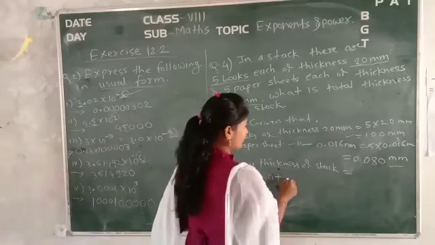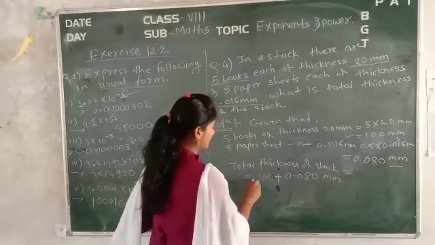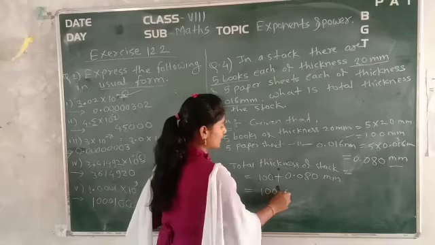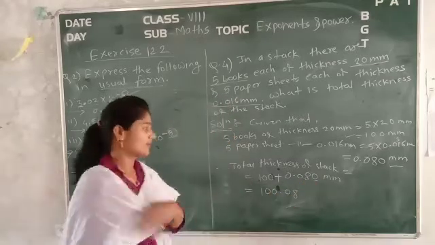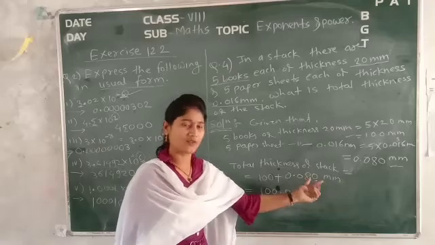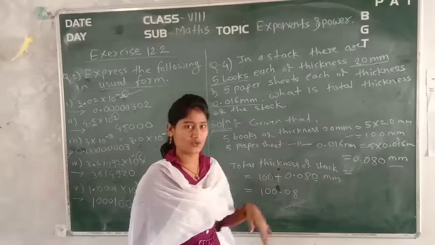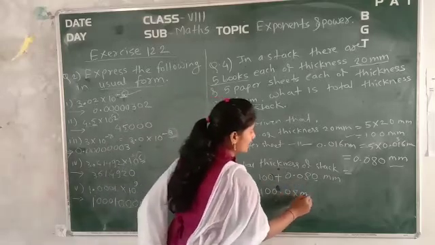Okay, so 0.080 millimeter. Which is equal to, again 0 plus 100, it will be 100.080. It means you can neglect this 0 because it doesn't have any value now. That's why you can keep 100.08 only. After that there are infinite zeros we can say. So why write them? Write down 100.08 only. It is in millimeter.